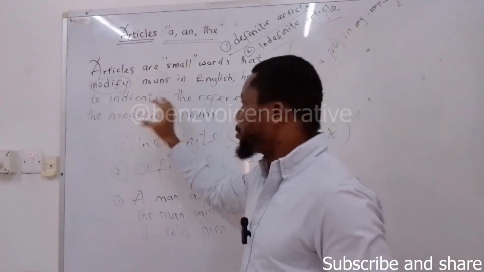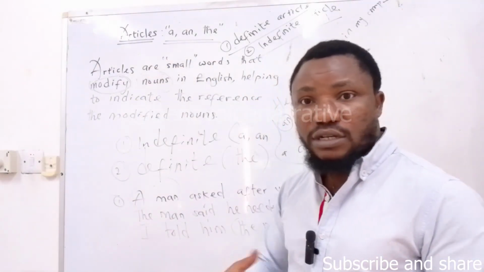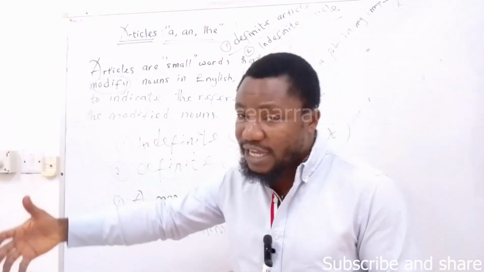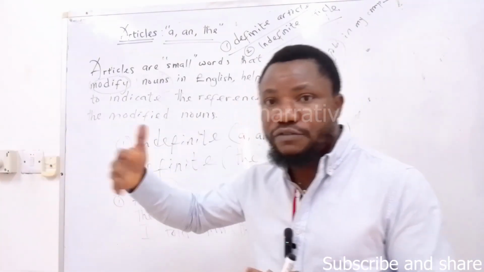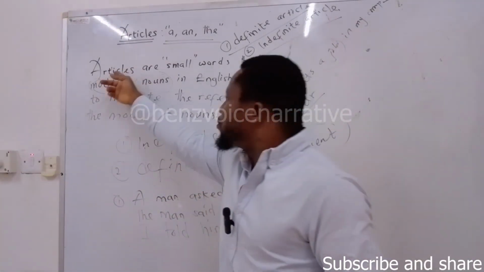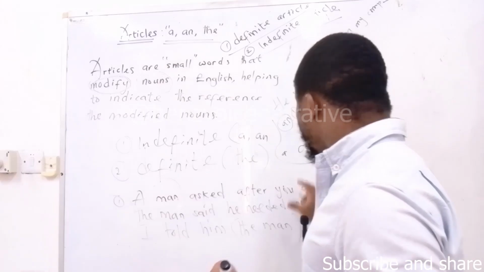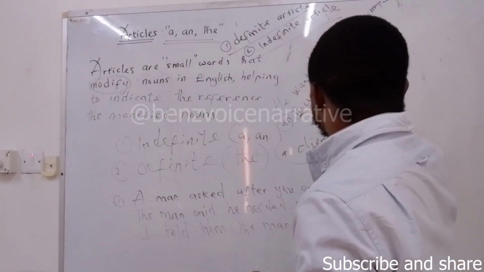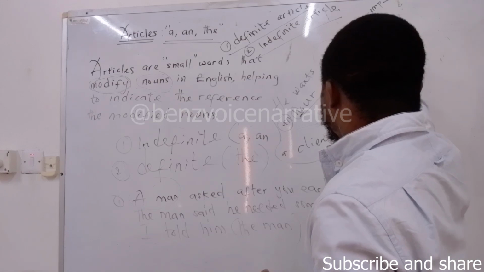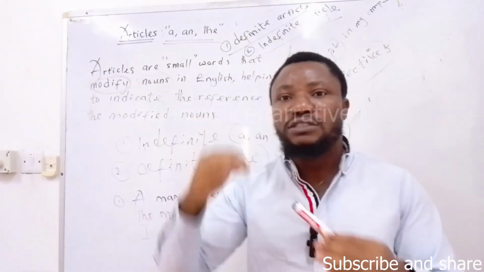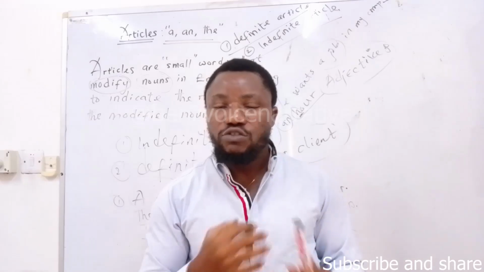And what are modifiers? Modifiers are words, adjectives, that come before nouns and describe and give more information about the noun. So articles are examples of adjectives. They don't stand alone as a ninth element on the parts of speech.